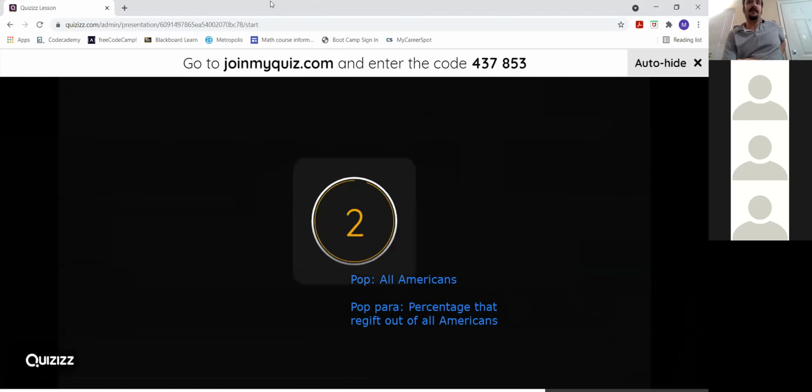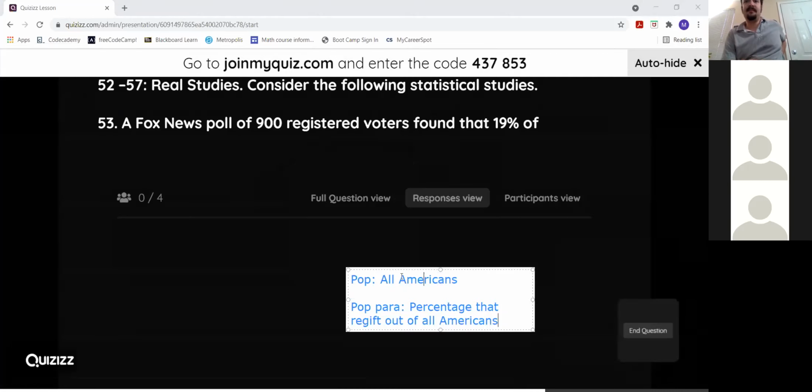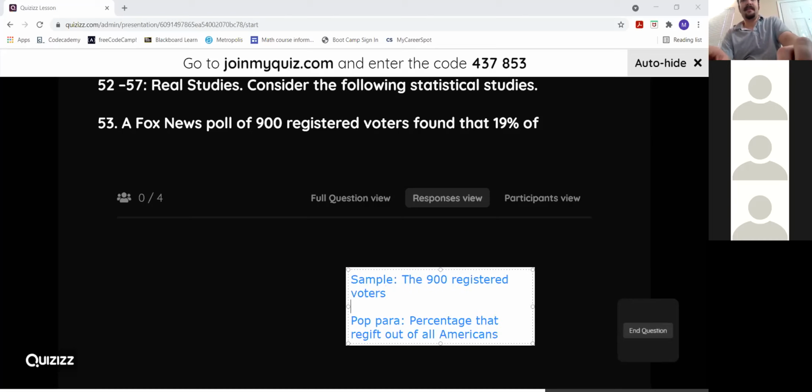So what's my sample then? I'm not going to look at all Americans. I'm looking at the 900 registered voters that took our poll. And then if that's the 900 registered voters, now I'm in the sample, and this is the sample statistic.